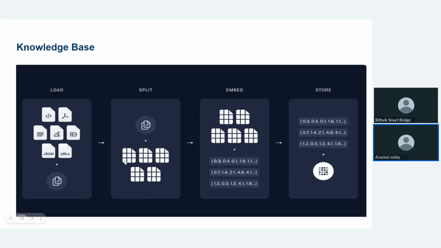For example, if you pass a URL, it will go to that location, get that article, and split it into sentences. After sentences, it converts them into tokens. Tokens are nothing but words, and these words can be converted into vector forms. A vector form is nothing but a 1D vector, meaning numbers, right? These are stored in a database for next usage. So this is what happens in the knowledge base.